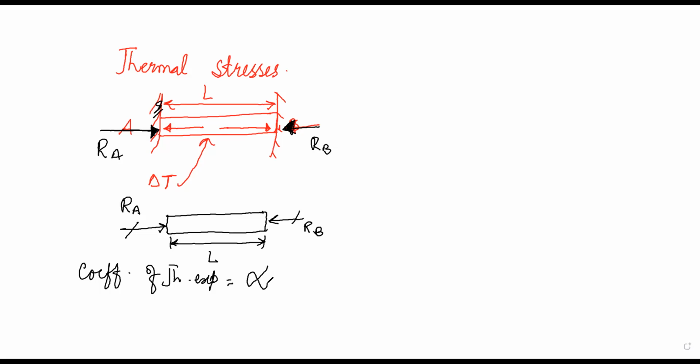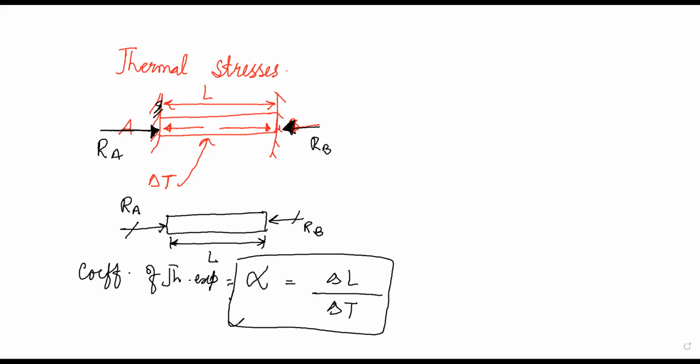Alpha is the change in length that happens in the machine element per unit temperature difference. So delta L divided by delta T is what we call the coefficient of thermal expansion. That is how much change in length occurs in the machine element under the influence of a unit temperature difference.